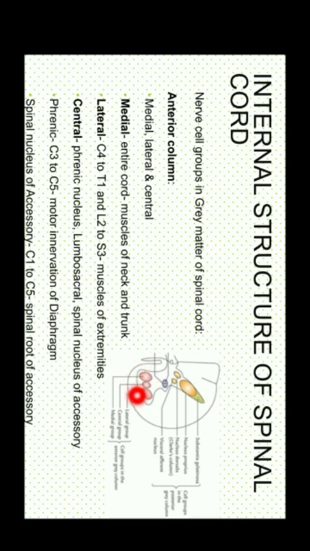along the anterior column. These nerve cells are grouped together along the medial side, this being the lateral, and then the central. So they are named as the medial group of cells, lateral and central group of cells.